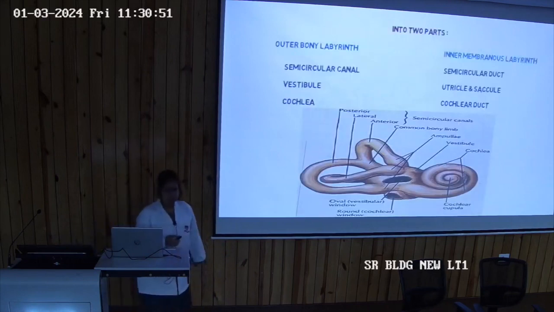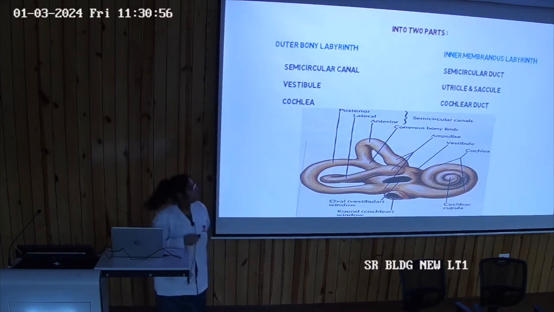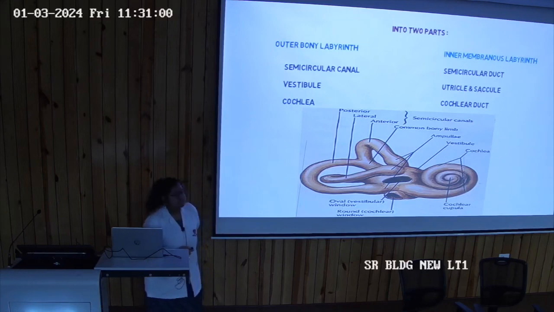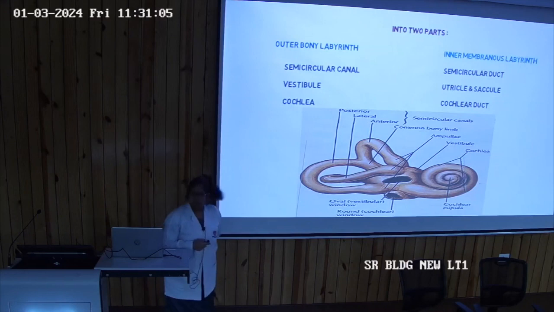The internal ear is divided into 2 parts that comprise the outer bony labyrinth and the membranous labyrinth. The membranous labyrinth is filled with endolymph, and the bony labyrinth and the membranous labyrinth are separated from each other by perilymph.